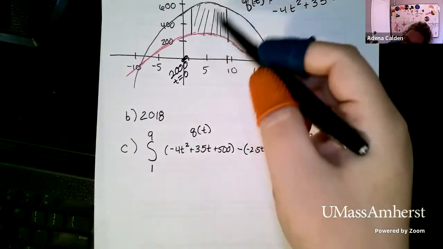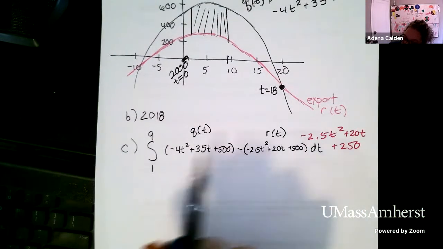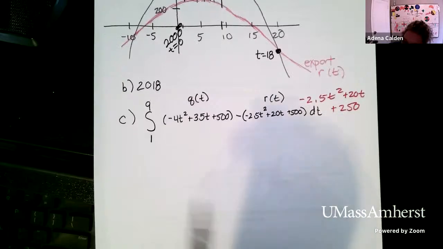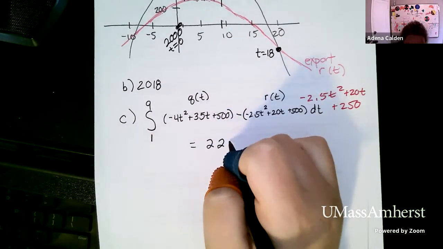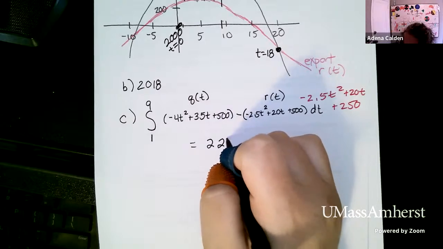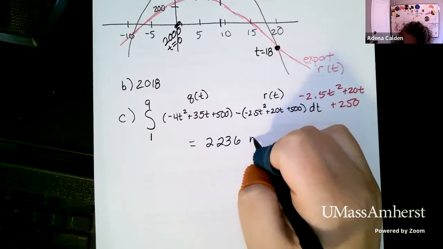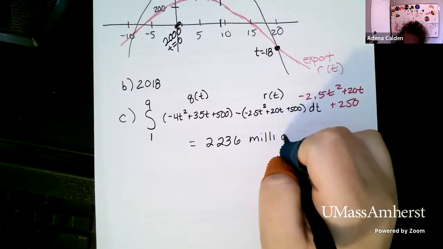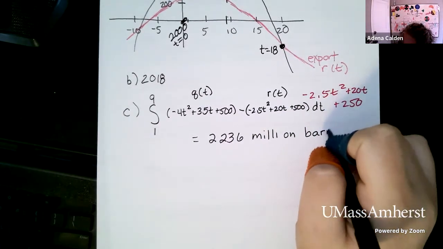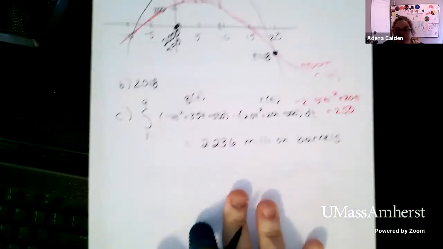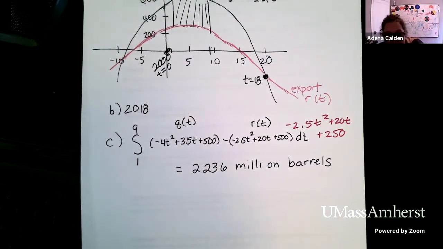If we find the area between curves, we would plug this into our calculator very, very carefully, and we would get 2,236. The units here were in millions of barrels of oil. So what does this represent?